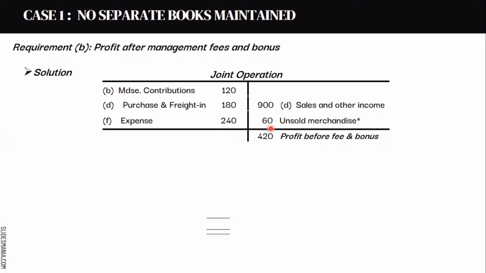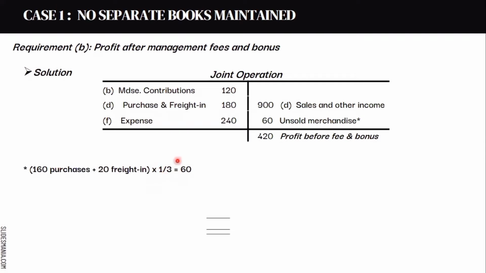So, paano ba natin nakuha yung unsold merchandise? Sabi sa problem kanina na all inventories are sold except 1/3 of C's purchases. So, magkano ba yung purchases ni C? So, meron siyang 160 na purchases plus natin yung 20 pesos na freight-in is equals to 180.